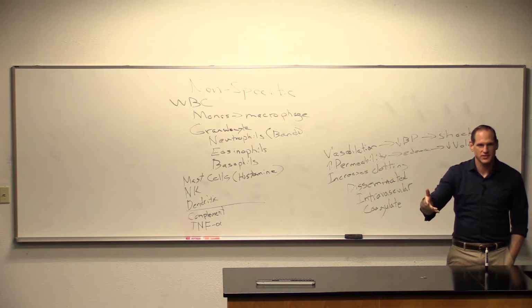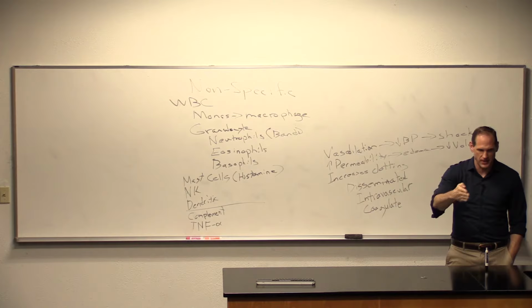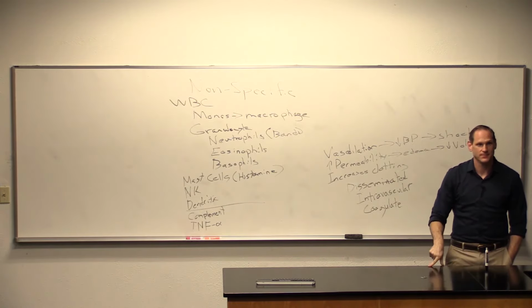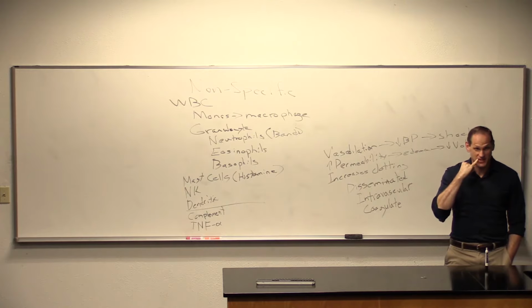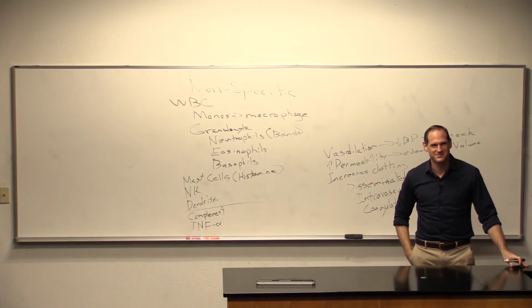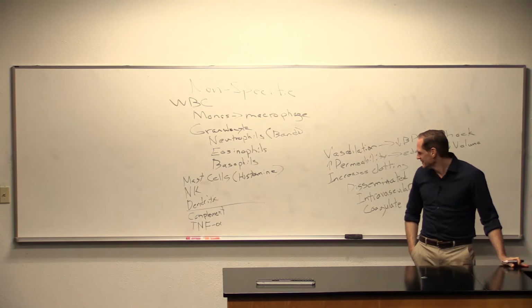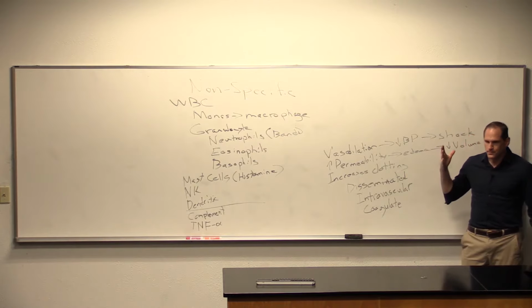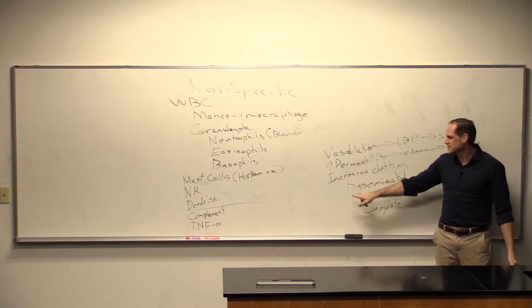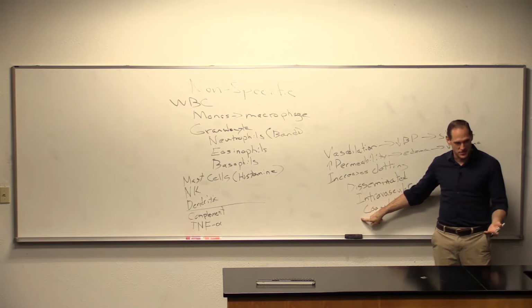So like laser stands for light amplification by stimulated emission of radiation. L-A-S-E-R, laser. Bet you didn't know that, did you? All right. So it's not an acronym, it's DIC. It's an abbreviation.